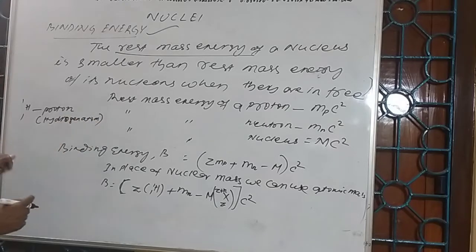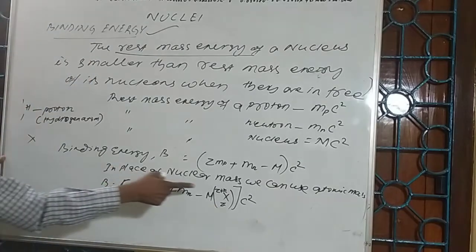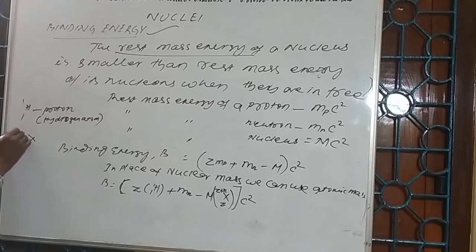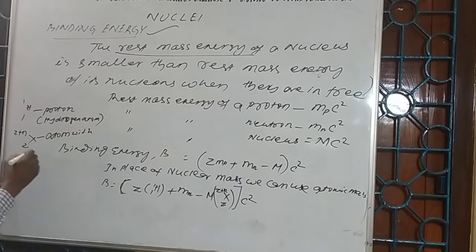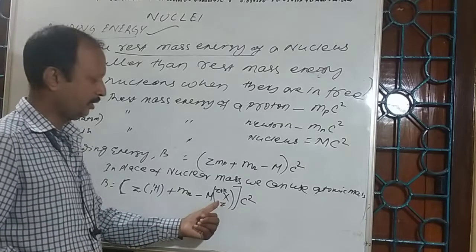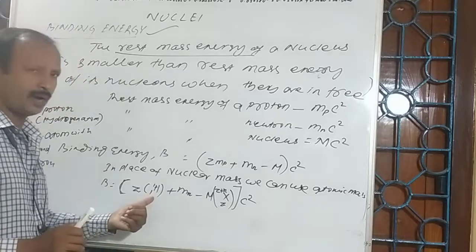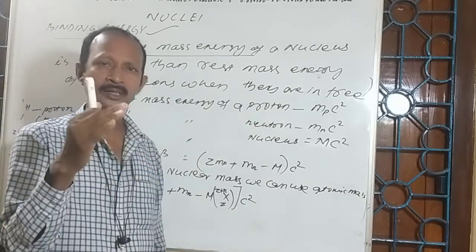Okay, I have written it is the hydrogen atom, and the symbolic form of element Z, Z plus N represents the atom with Z protons and N neutrons. This one represents the atom with Z protons and N neutrons. This represents the hydrogen atom. I said that in place of a nuclear mass, we can use the atomic mass.